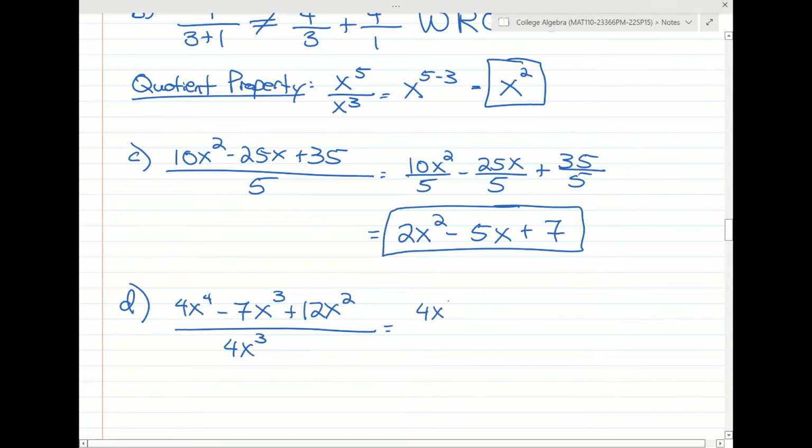We could write this 4x to the fourth divided by 4x to the third minus 7x to the third divided by 4x to the third, and then plus 12x squared divided by 4x to the third.